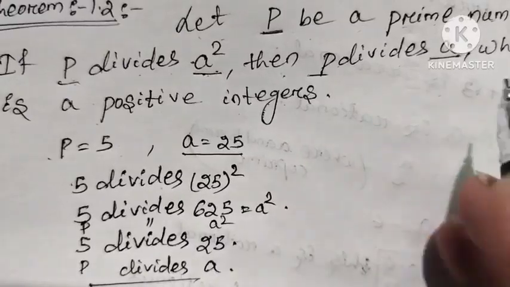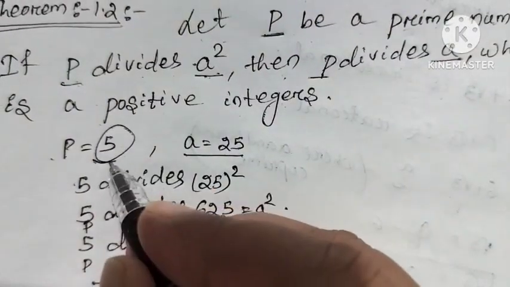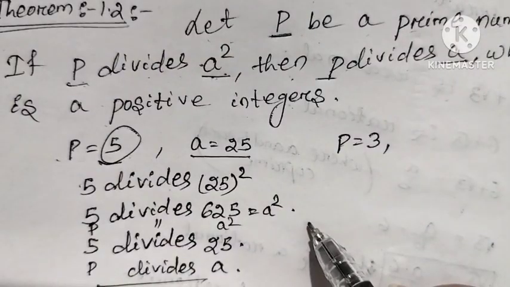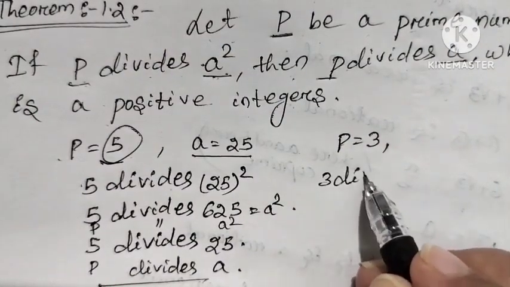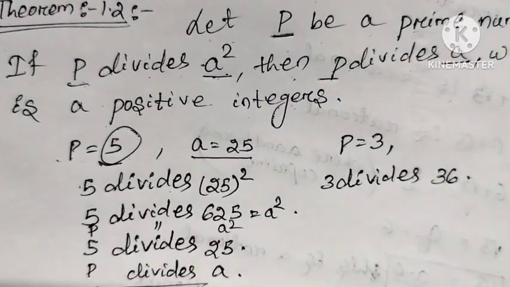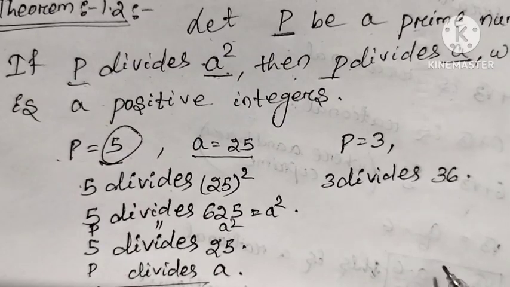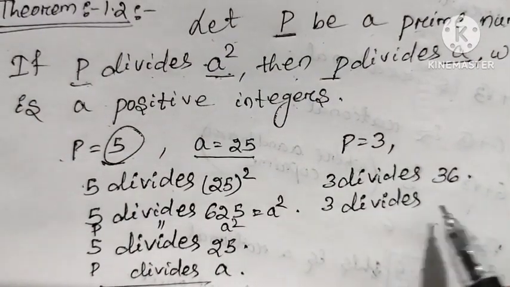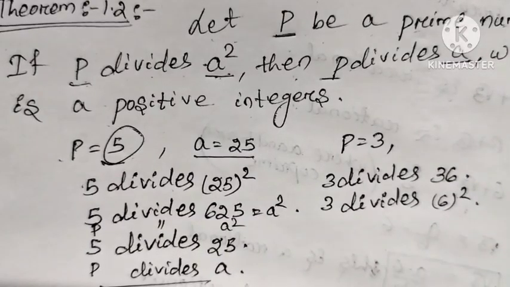Same thing, take another example. Another example, P equal to 3. Yes, then 3 divides 36. Yes, 3 divides 36, means 3 divides 6 square. 36 means what?